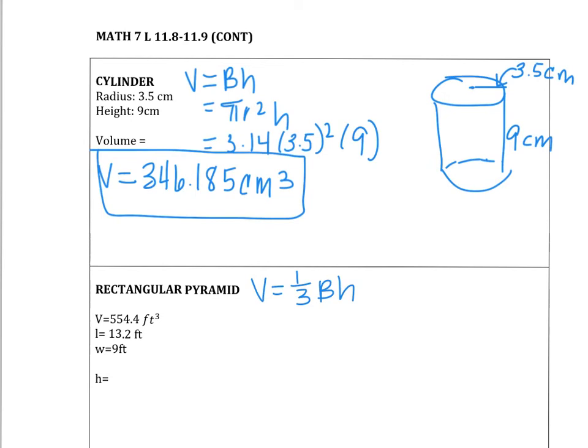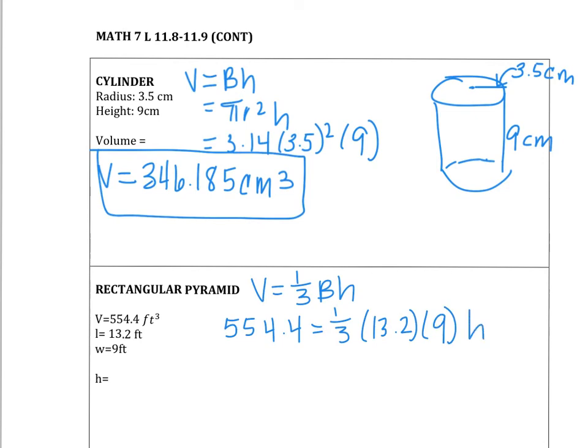And they give us the volume, so we can go ahead and put that in. 554 and 4/10 equals 1/3. The area of the base is the length times the width, so that's going to be 13.2 times 9 times the height, which we don't know. So that's what we're going to solve for.